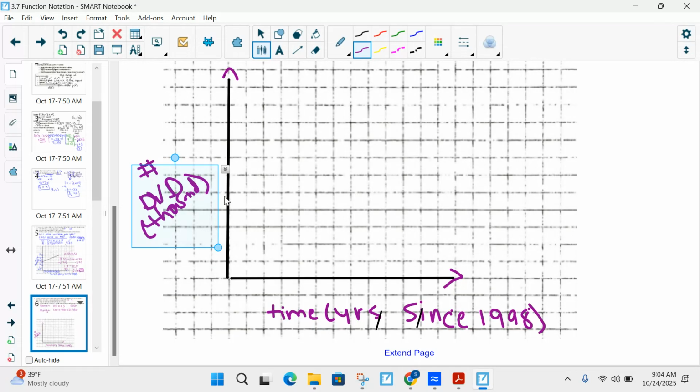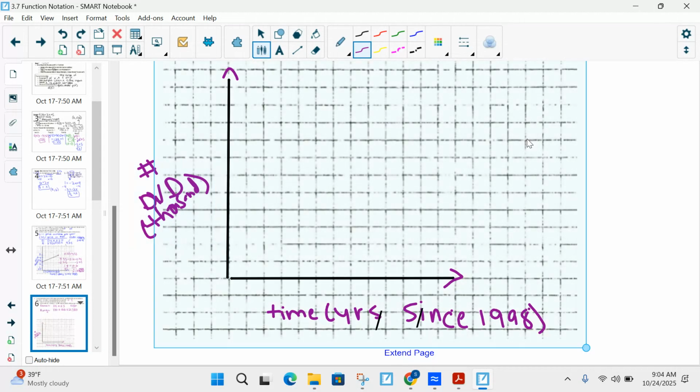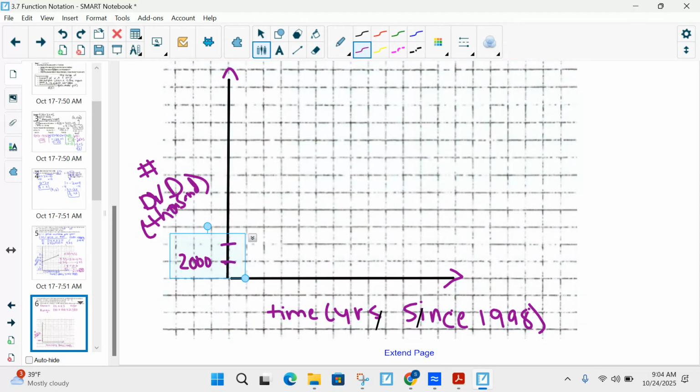So what should our increments be? Increments of 2,000? Yeah, I think that's a good idea because then we would need 11 tick marks. That's reasonable for the amount of space that we have. So let's go in 2,000s. So this is 6,000.